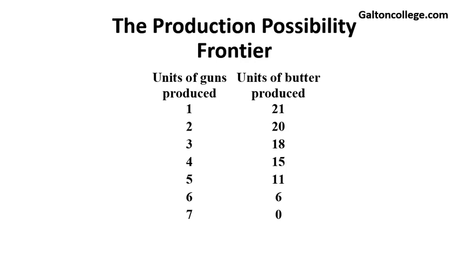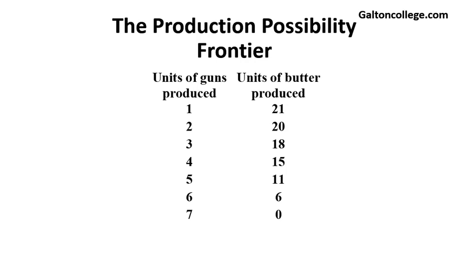So as you can see from the figures here on the screen, the more guns you produce, the less butter you can produce, because you're taking up the resources to produce the guns. The amount of the factors of production, land, labour, capital and entrepreneurship, are being dedicated to the production of guns, and therefore not being dedicated to the production of butter.